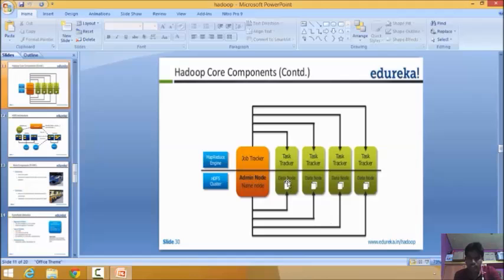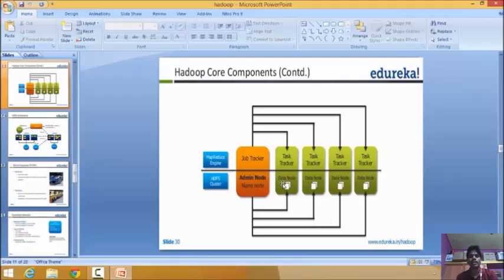Here, whatever the data is given, that is stored in blocks. What is a block? Block is a physical division, physical division of the data. Let us assume we have 100 GB of data.